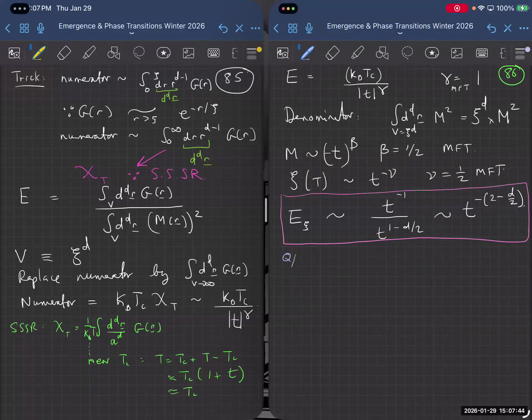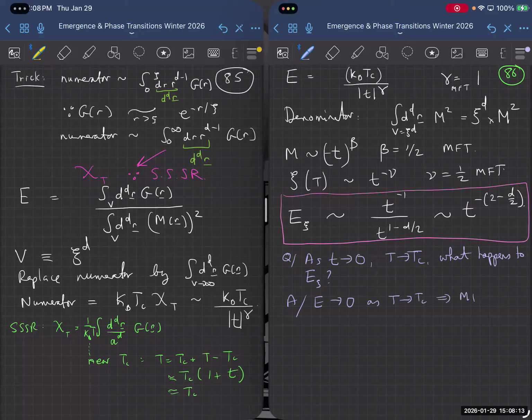So the question is this: as t goes to 0, i.e. t tends to tc, what happens to our error? Well, if the error goes to 0 as t tends to tc, then that means that mean field theory is good because the error is small.